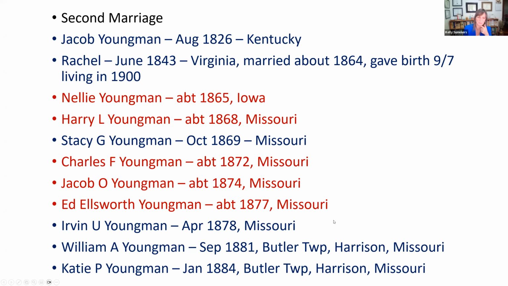Oh, and I wanted to mention down here for William and Katie, we've put a specific place of birth, and this is what happened. On the 1880 census and the 1900 census, that span of 20 years, the family was living in the same location, Butler Township, Harrison County, Missouri.